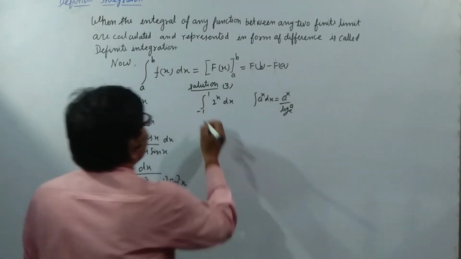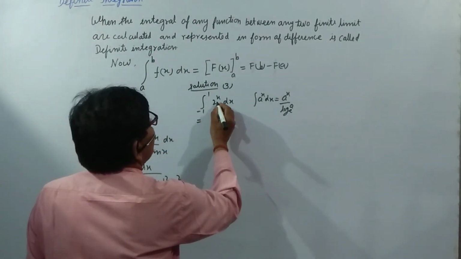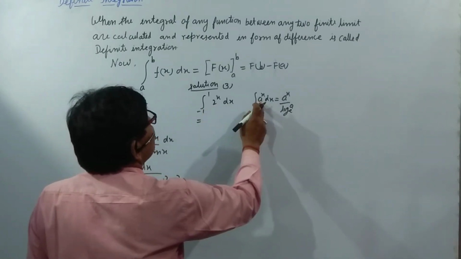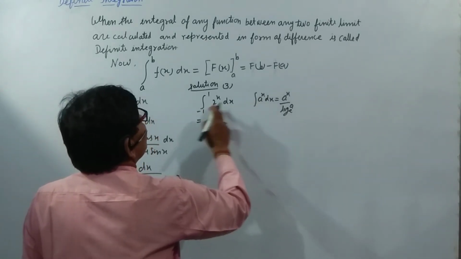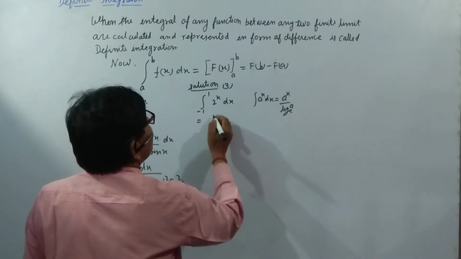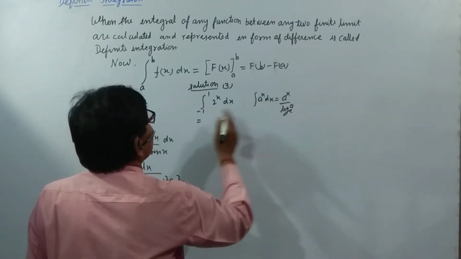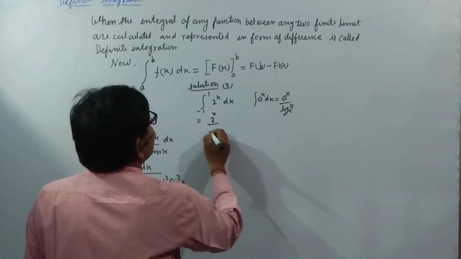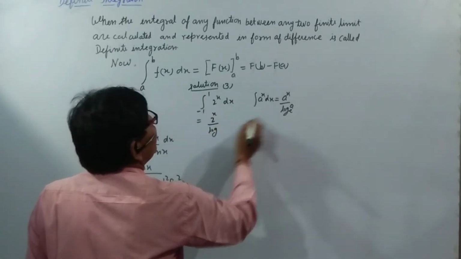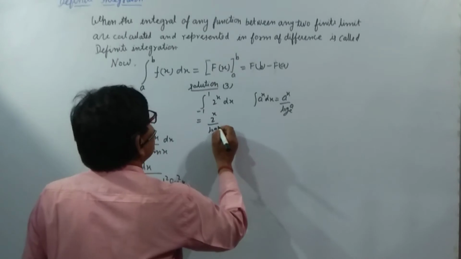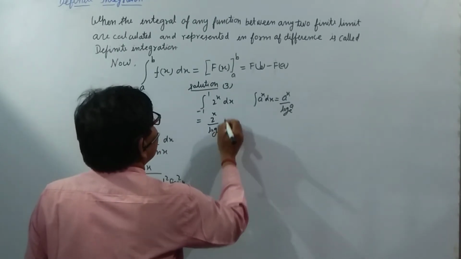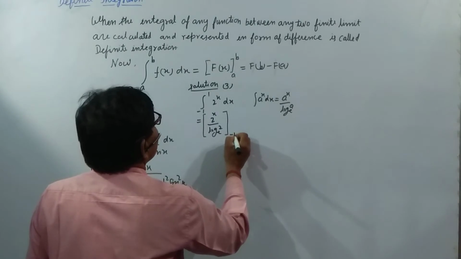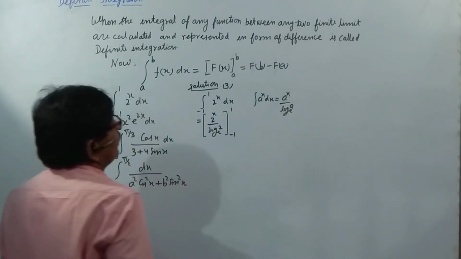So in this case a equals 2, and 2 to the power x divided by log 2 base e, with limit minus 1 to 1.